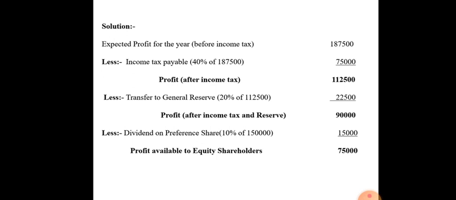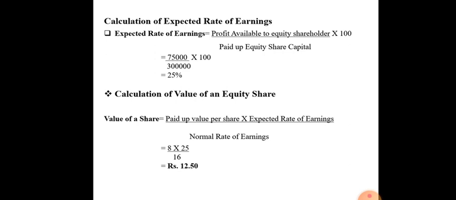With the help of this information, now we have to ascertain the expected rate of dividend. Now see this, calculate the expected rate of dividend, earnings. First of all, earnings is equal to the profit available to equity shareholders into 100 divided by paid up equity share capital.